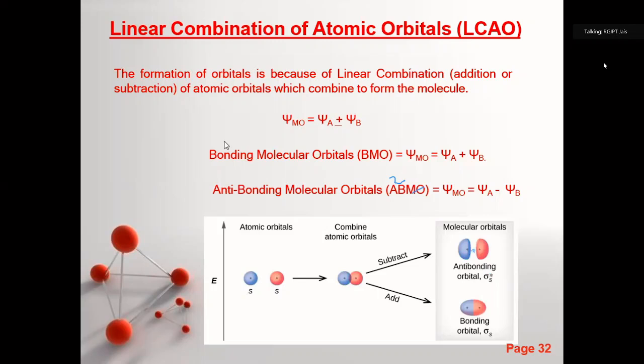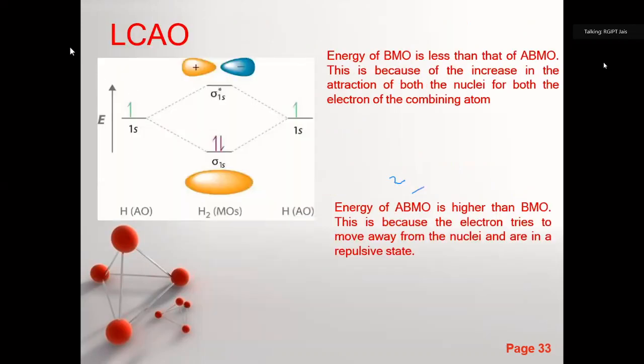Next, according to LCAO, we can represent the atomic orbital energy levels. The combination for bonding is an increase in electron density, meaning there is a formation of an electron cloud.